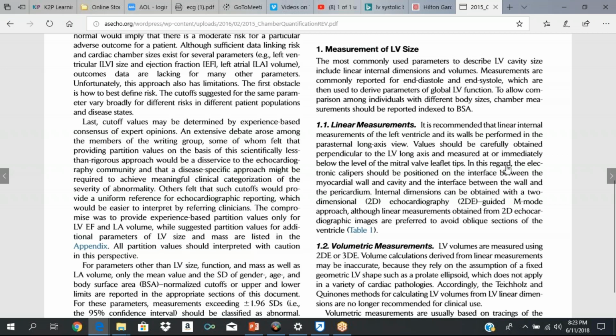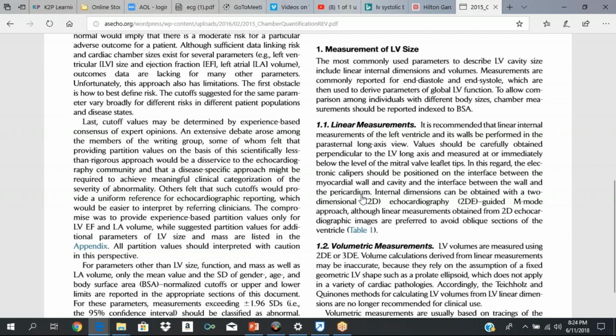In this regard, the electronic caliper, so your measuring tools, should be positioned on the interface between the myocardial wall and the cavity and the interface between the free wall and the pericardium. Essentially, when you measure your septal thickening, it should be from one side of the septum to the other side. You want the tissue blood plane. And then when you measure the LV cavity dimension in diastole, it should be from the tissue blood plane.